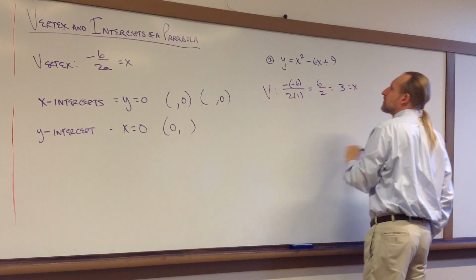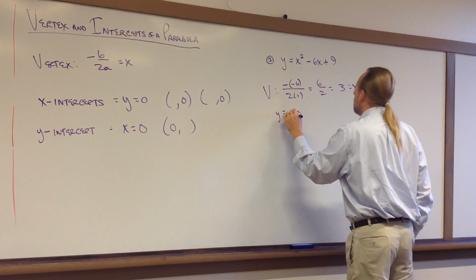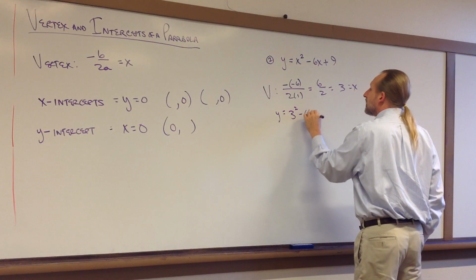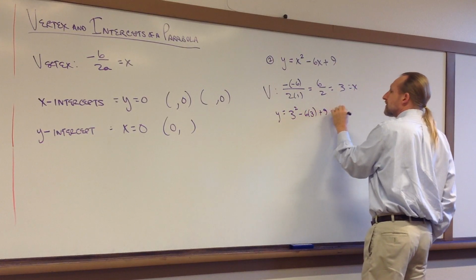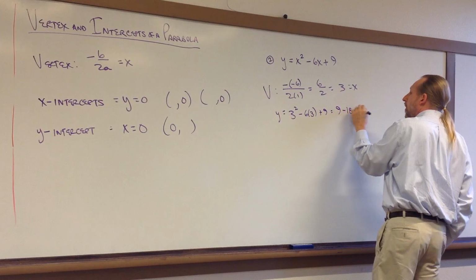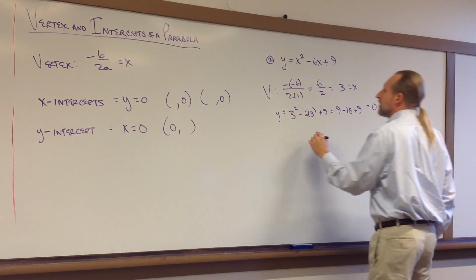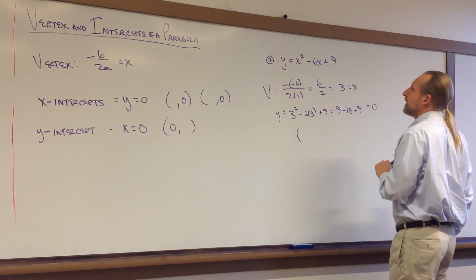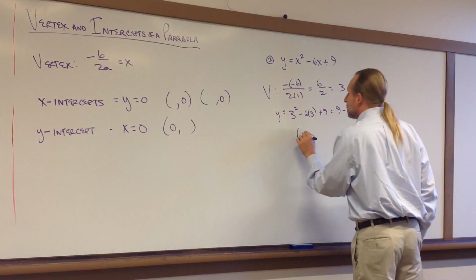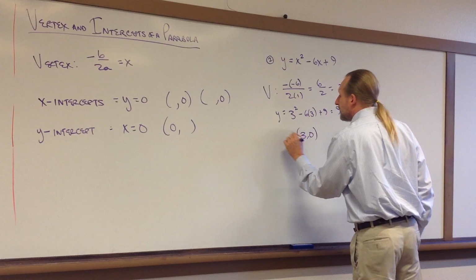And that's the x-coordinate. And then y is going to be 3 squared minus 6 times 3 plus 9, and that should be 0. So our vertex is the point (3, 0).